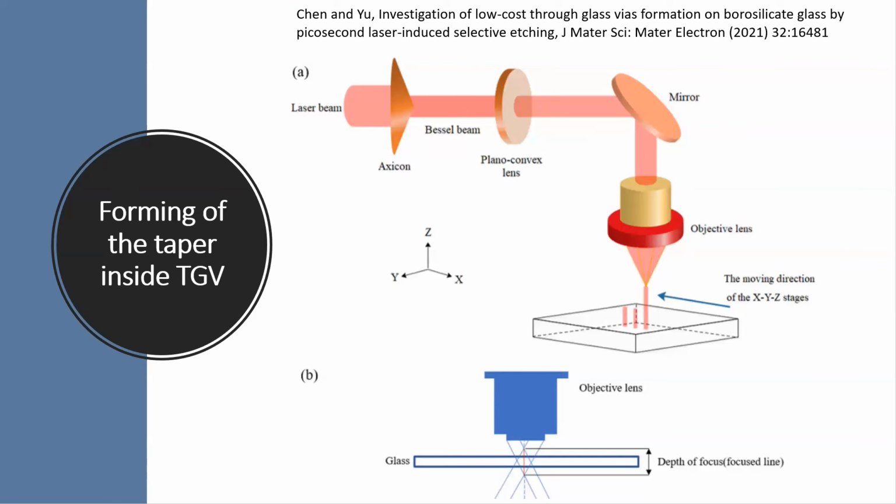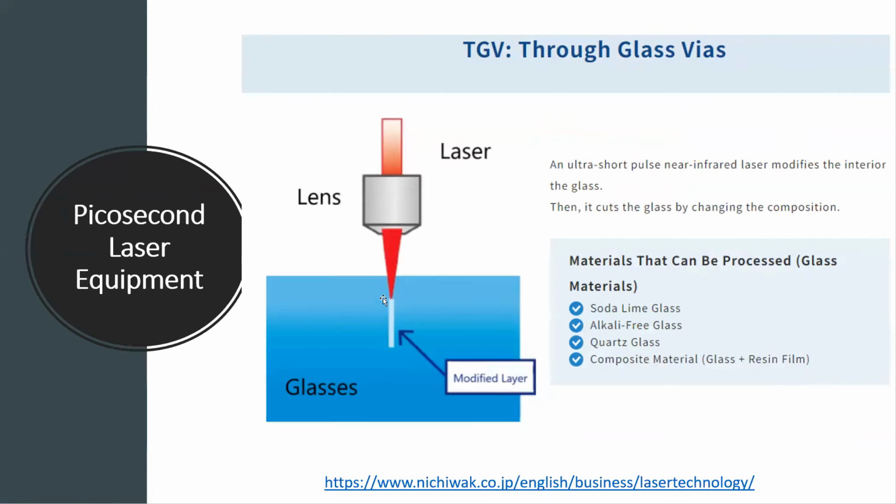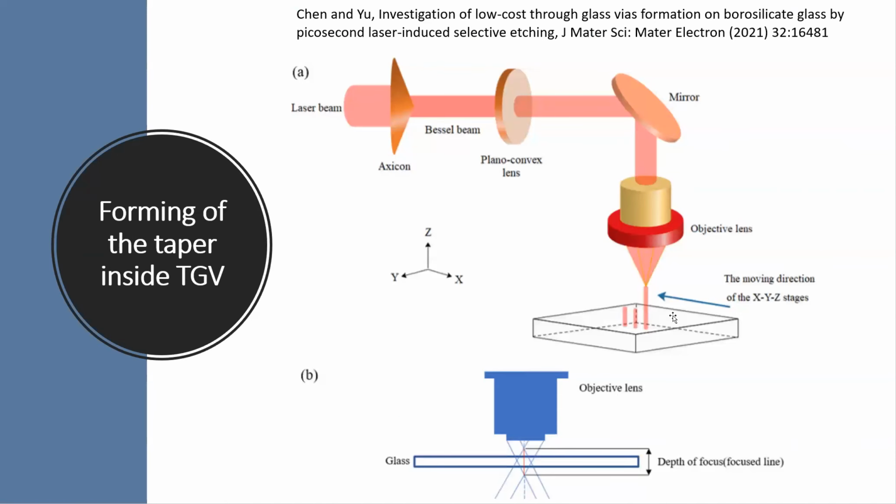Previously, you were just shown, oh, this is what you do: you blast a glass with some kind of frequency and some kind of depth. So what happens? This is exactly what I'm doing. The plate moves left and right, and these are lasers. It's a simple schematic of the lasers, how to manipulate the lasers, and how you form the taper.